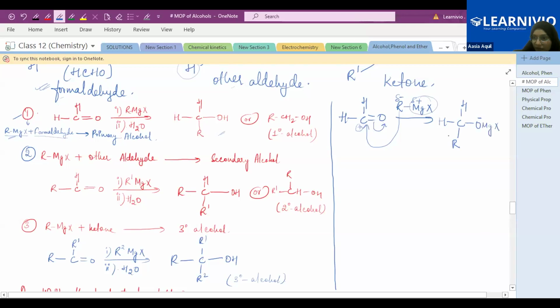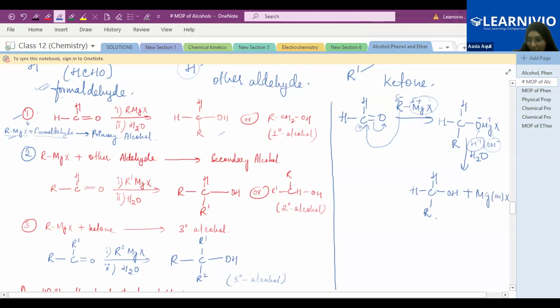Now in the second step, when you do the hydration, H2O will give you H plus and OH minus ions. H plus goes with the oxygen, and OH minus goes with the MgX. So you will get H, C, H, R over here, and OH, plus MgOH. That's the whole mechanism.